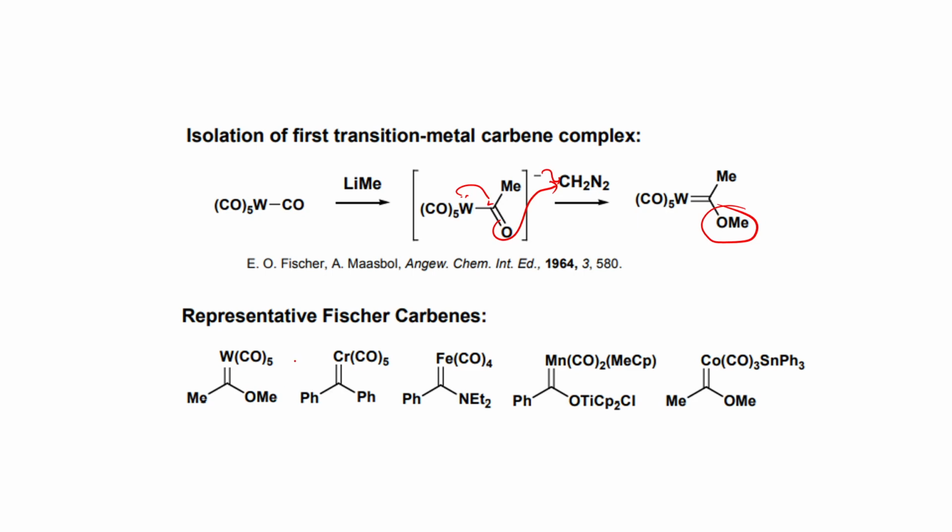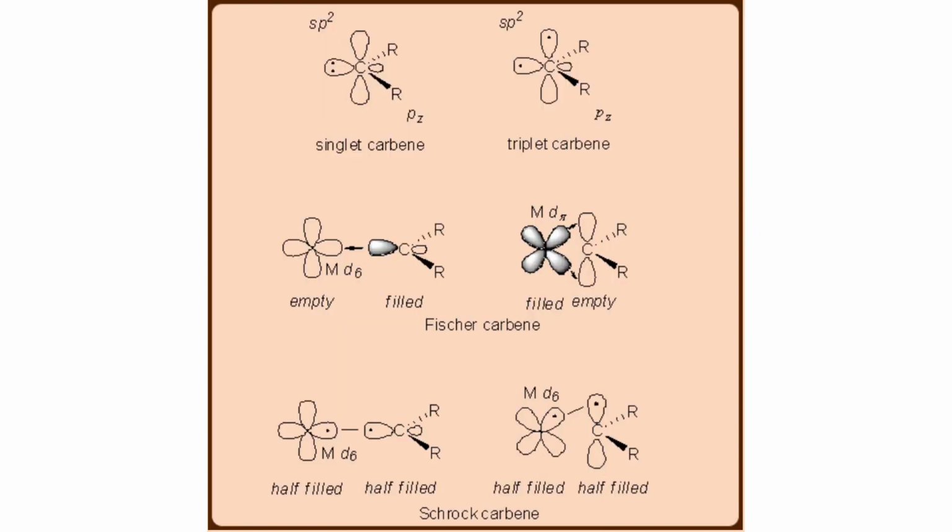These are different representations with tungsten, chromium, iron, manganese, cobalt, in lower oxidation states, mainly 2 plus, 3 plus. And this is the orbital interactions.